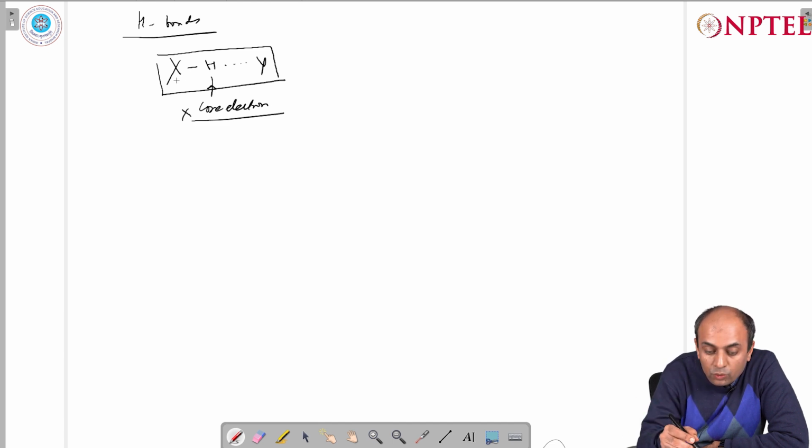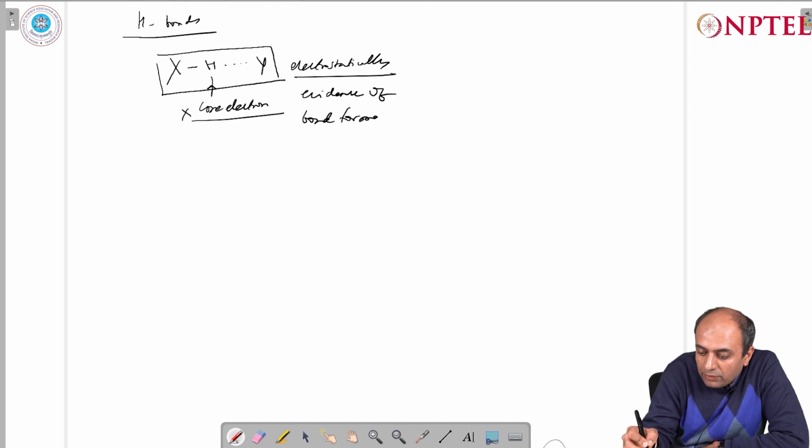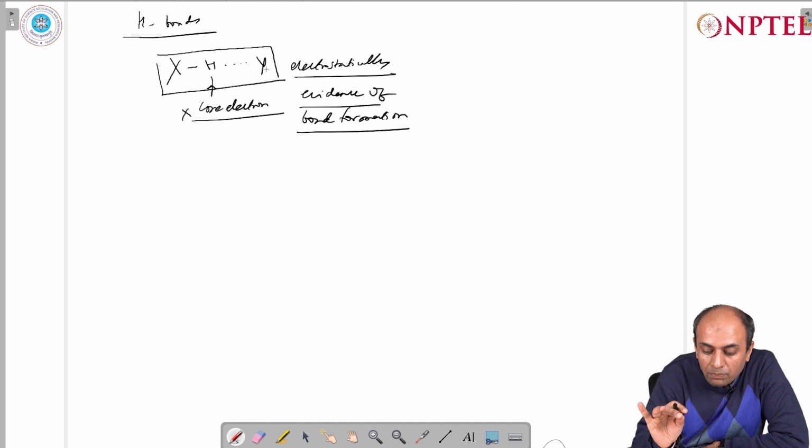It is covalently bonded to X, which is more electronegative than hydrogen, and then it interacts, to start with electrostatically, with another electronegative atom Y, and more importantly there is evidence of bond formation between the hydrogen atom and the acceptor atom Y. Then this situation represents a hydrogen bond.